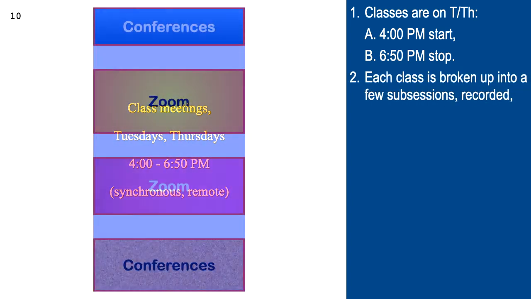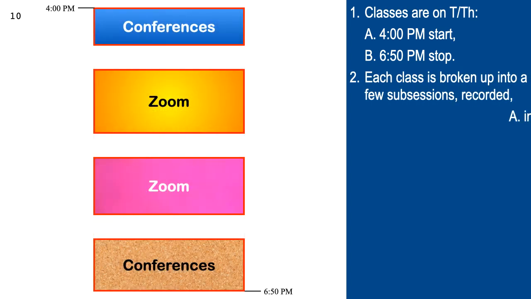Each class is going to be broken up into a few sub-sessions, and it'll be recorded so you can listen to and view them later. We'll be using the conferencing tool and also Zoom. Those are two different conferencing software packages that UCF has integrated into web courses. We'll be using both because they do things slightly differently.